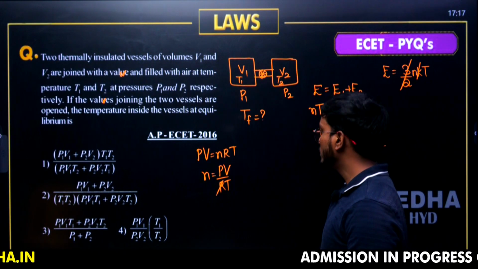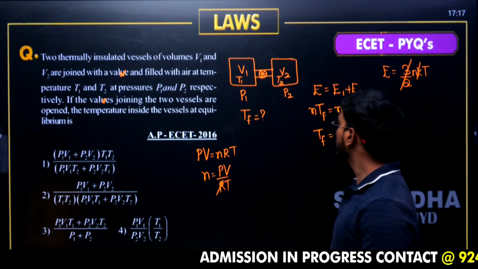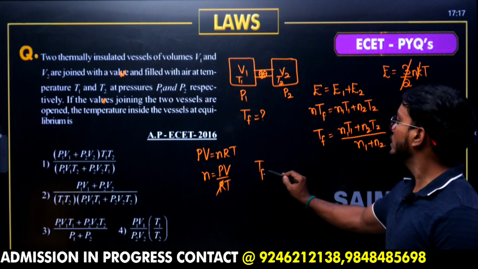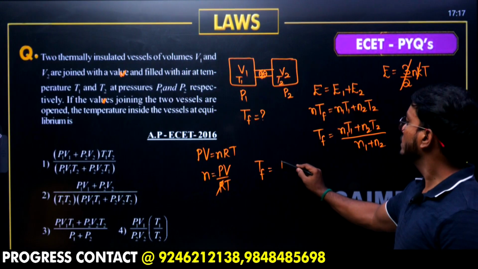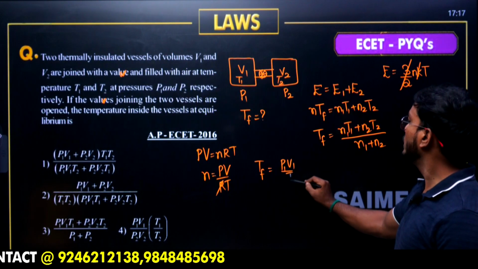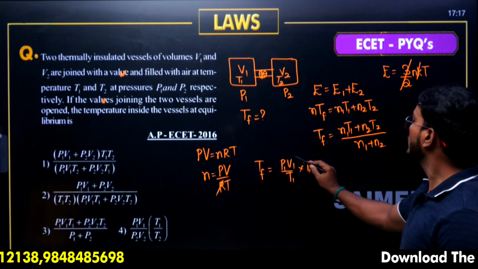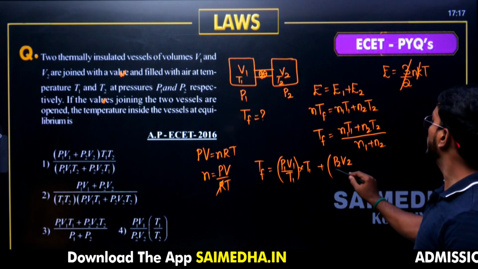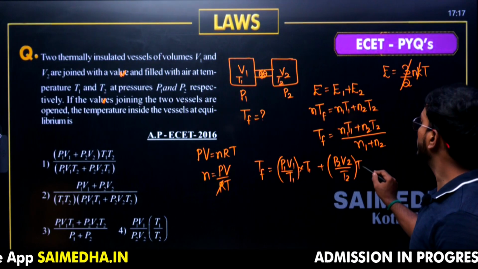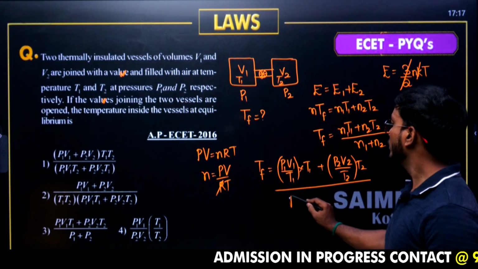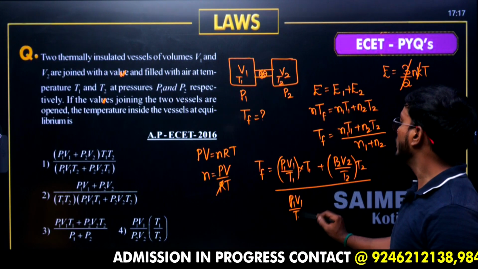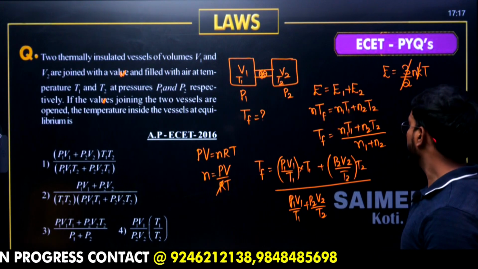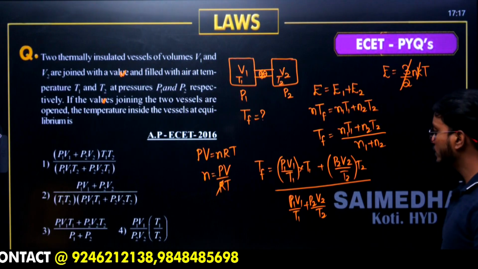Since R is a constant, we can write PV by T. So the final temperature formula becomes Tf equals, N1 is P1 V1 by T1 into T1, and N2 is P2 V2 by T2 into T2, whole divided by P1 V1 by T1 plus P2 V2 by T2. Okay, go through it.